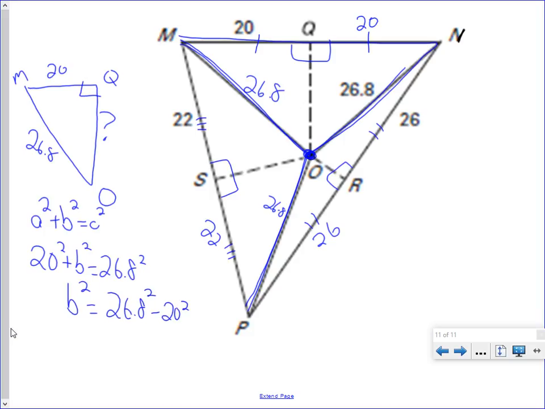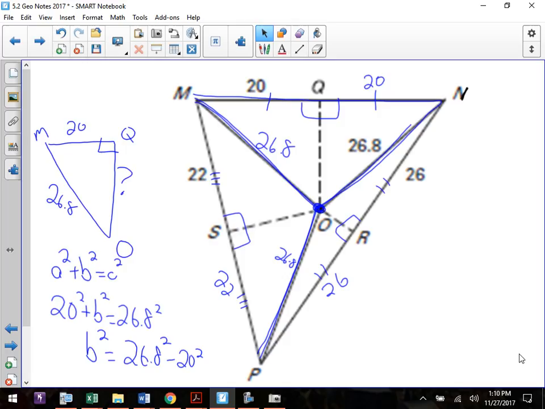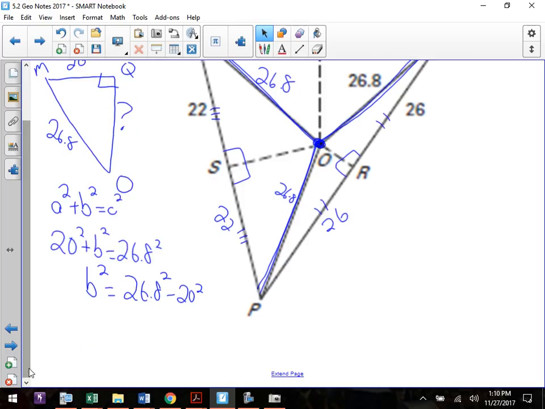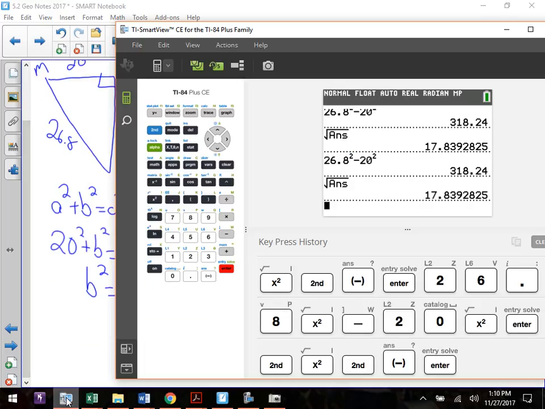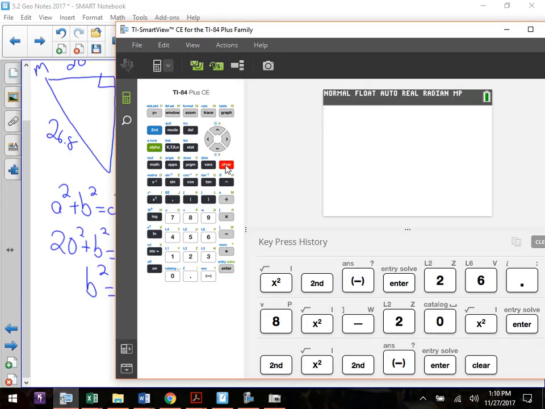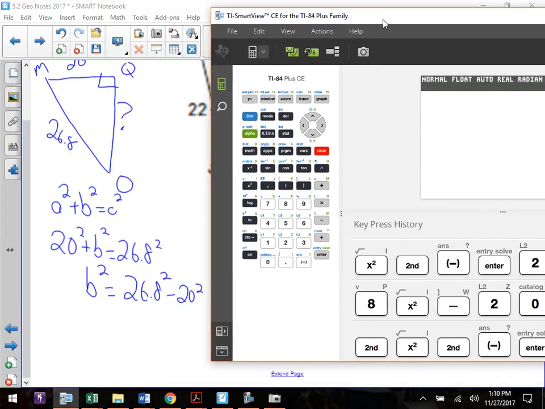Now, I want to start to show you guys how to use your calculator with the answer function on it. On your calculators, it doesn't matter which one you have. If you've got some Texas Instrument one, you're going to have an answer button on there.